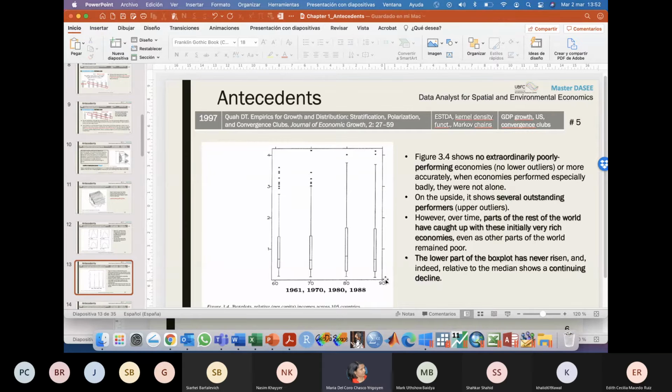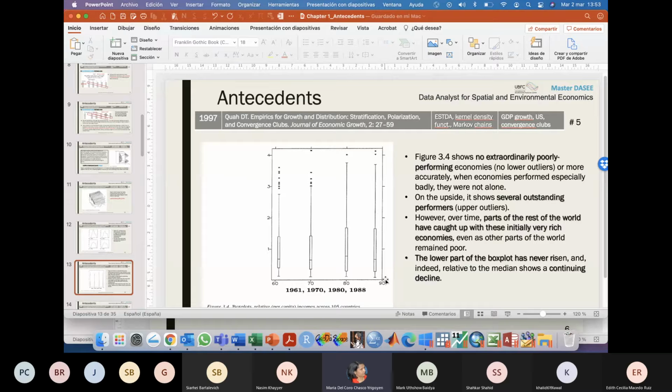But what does it mean? Well, first, that we cannot find extraordinarily poorly performing economies. So we cannot find very, very poor countries as isolated cases that must be specifically highlighted.